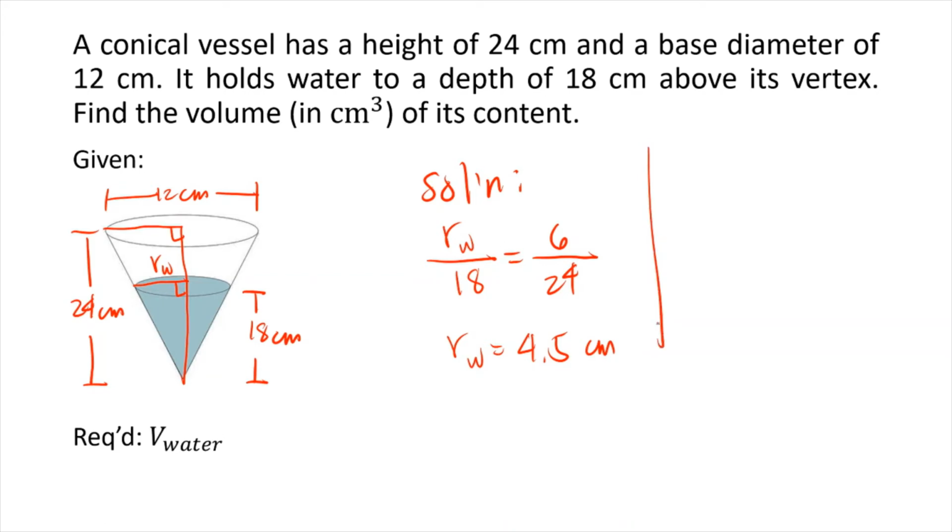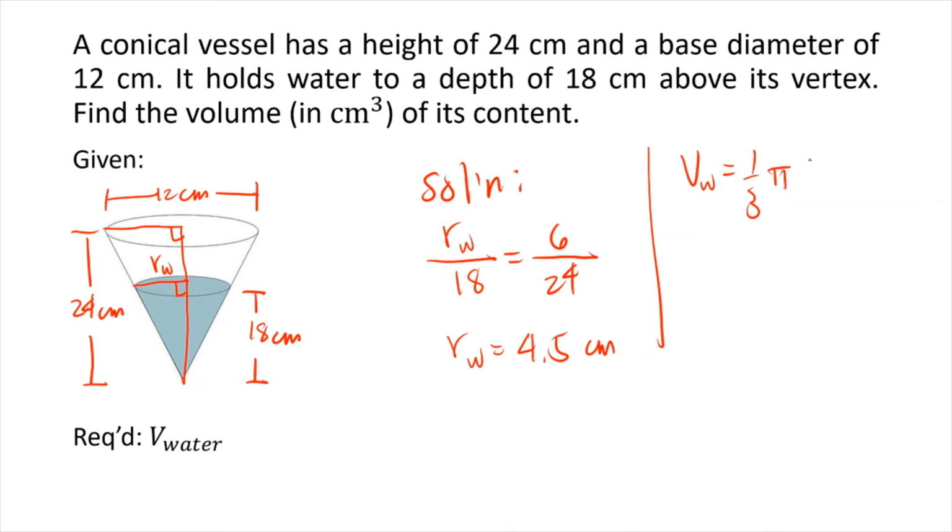And then let's plug in this value to the formula for the volume of the water. So in this case, we'll be using the formula for volume of the cone. So volume of the water is equal to 1/3 pi r squared.